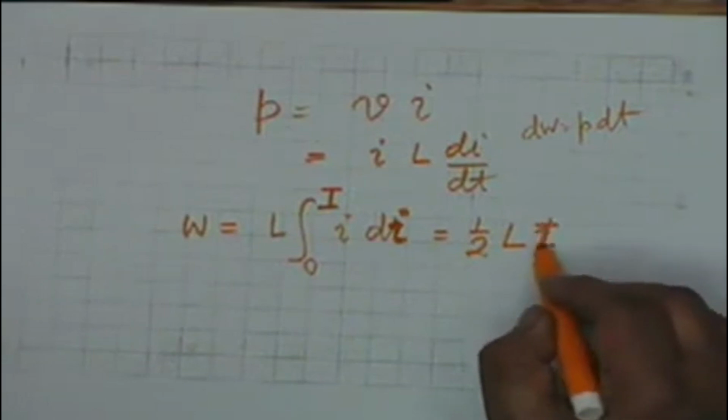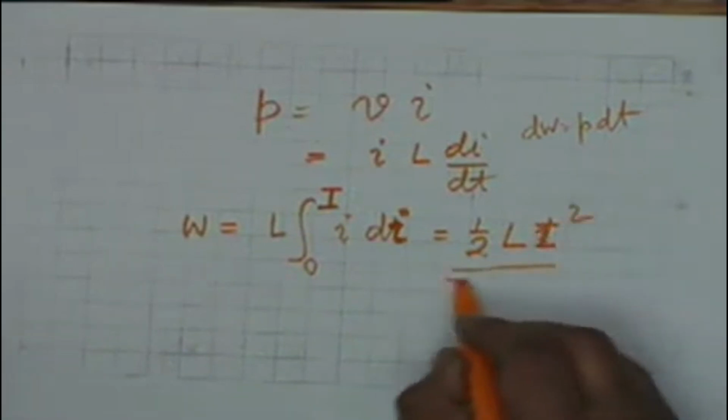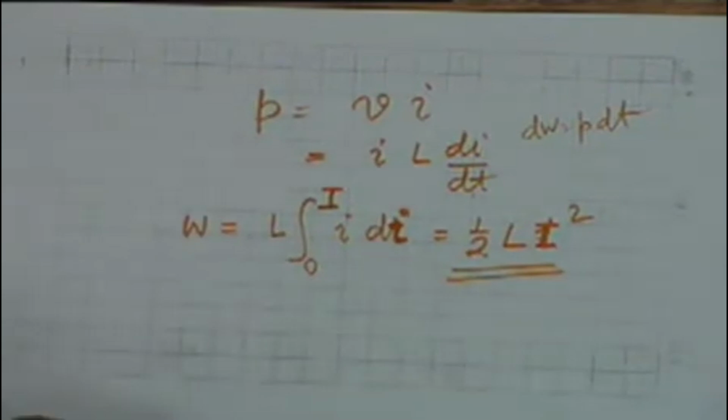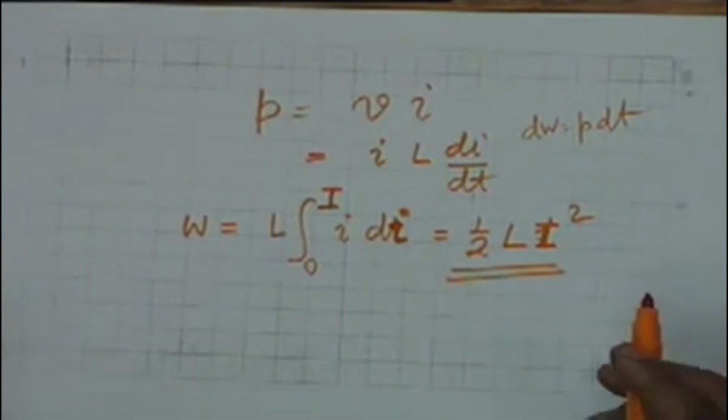Therefore an amount of energy half L I squared is stored in an inductor in the magnetic field.